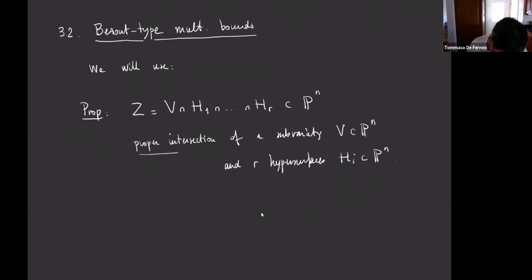By proper intersection, in particular, this means that the dimension of Z is the expected one, the dimension of V minus r.